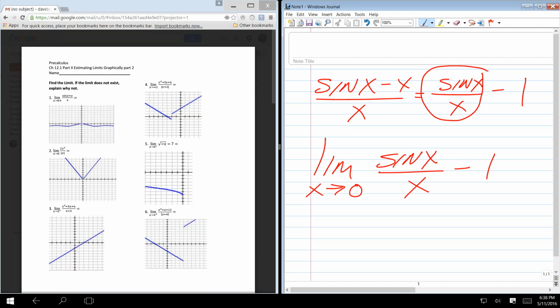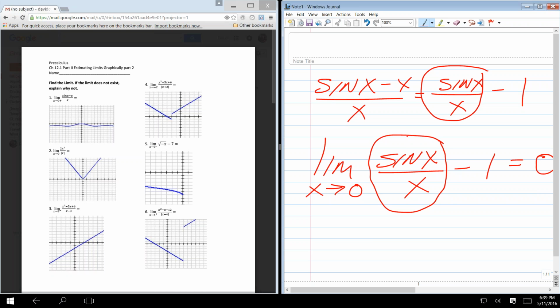What should it be? As x is going to 0, would it be 1? Well, that goes to 1, but I'm subtracting 1. So it's got to be 0.